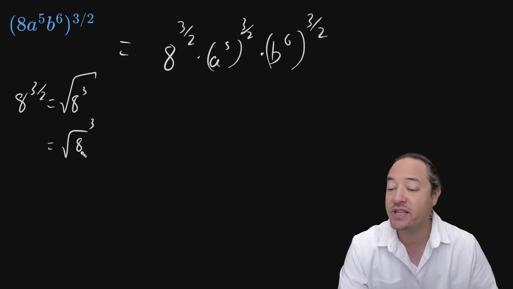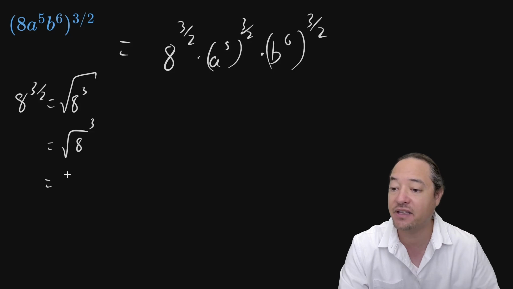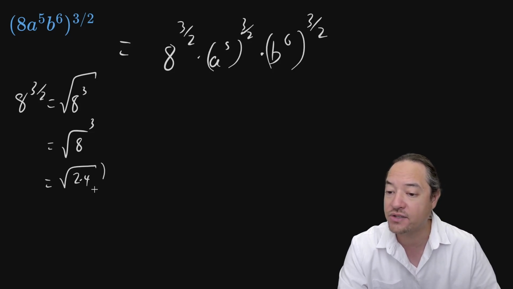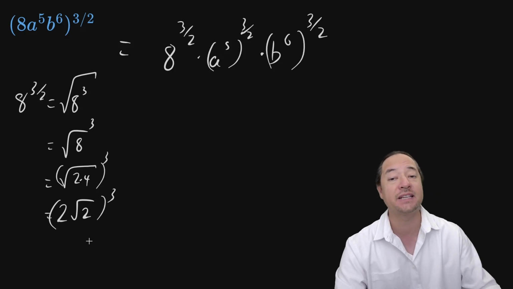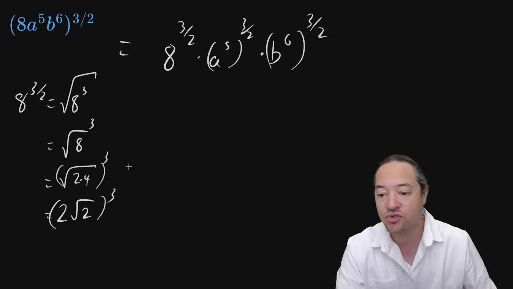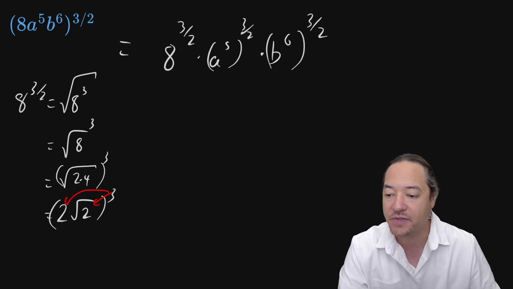So if we deal with the square root of 8, I can simplify that. I can think of 8 as 2 times 4, and all of this is cubed, of course. So I can take this 4 out. I can think of this as 2 root 2, all of this cubed. Now I can distribute this 3 in there. So 2 cubed, well, 2 cubed is 8.